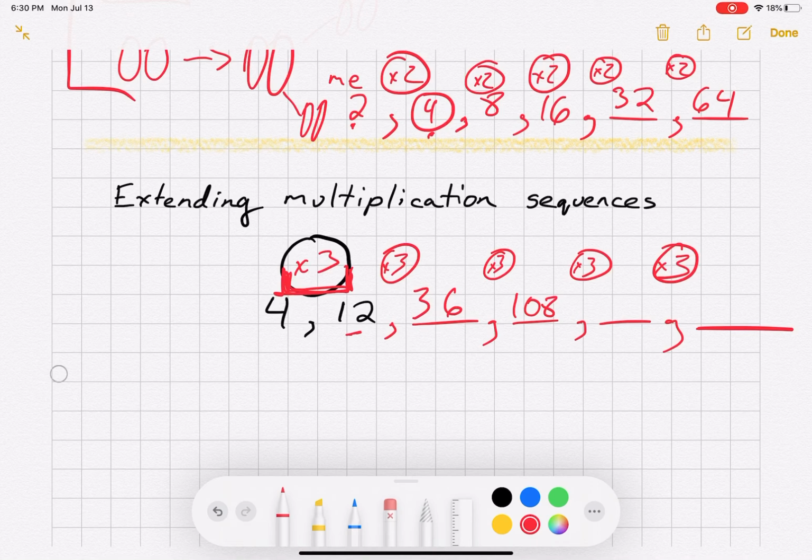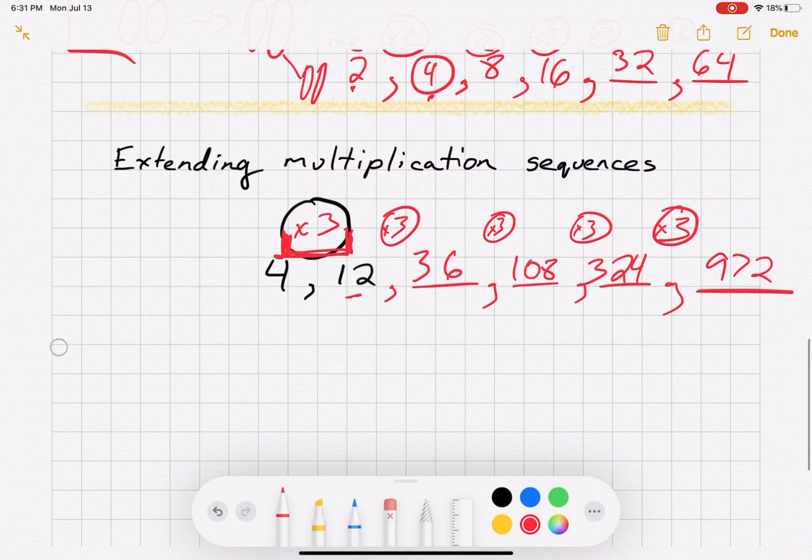And so you would have 108 times 3, so 8 times 3 is 24, so that'd be 324, okay? And then 324 times 3 would be 972. Okay, that one was a little tricky, but there are some questions that follow for you.